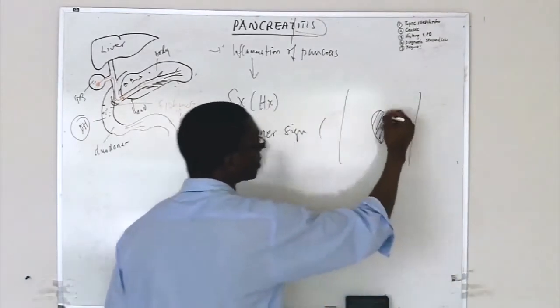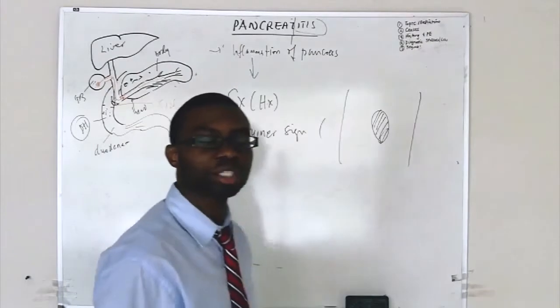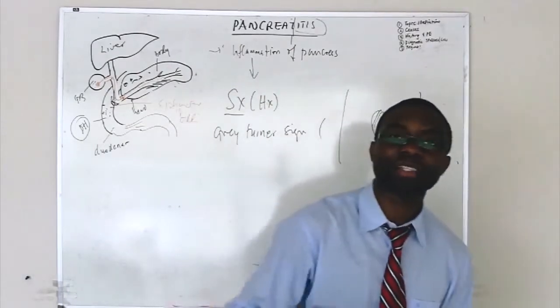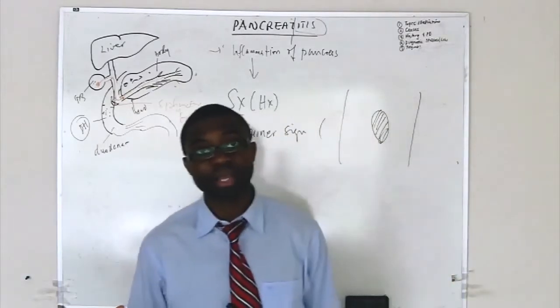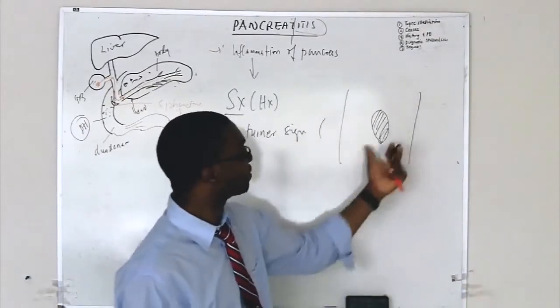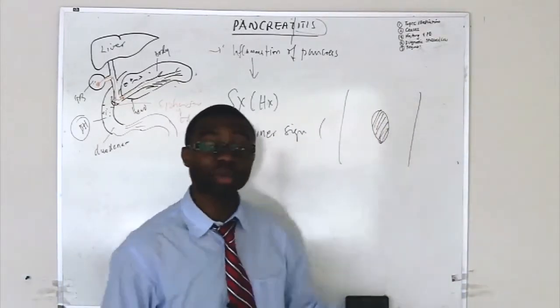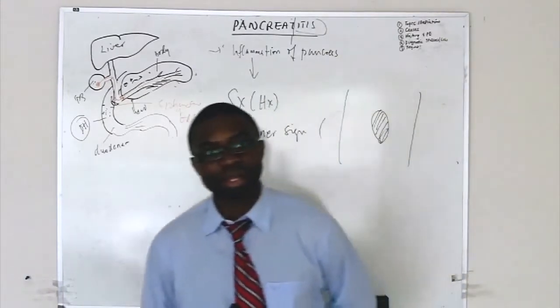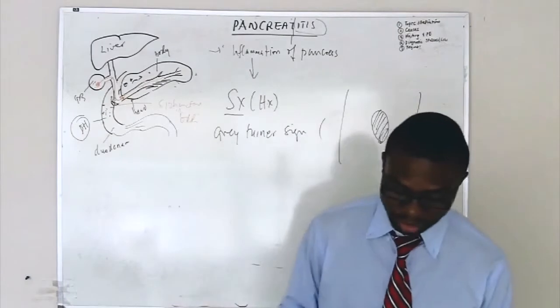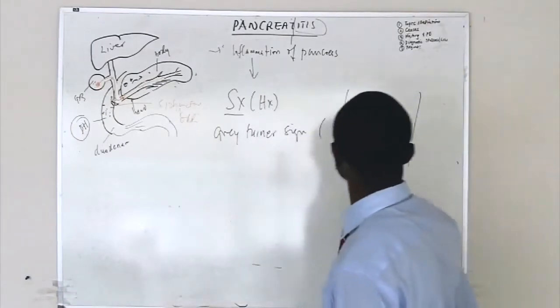That's called the Grey Turner sign, right? Why do they have it? Ecchymosis is blood. Because the pancreas is what? It's a retroperitoneal structure, right? So if it gets inflamed, they can get a little bit of blood, ecchymosis, at the back. The second sign, which you need to know, is the Cullen sign.